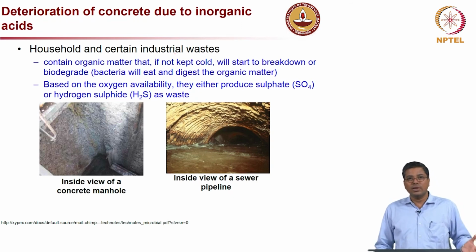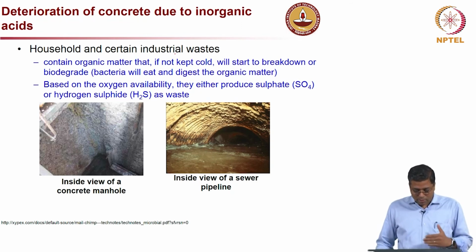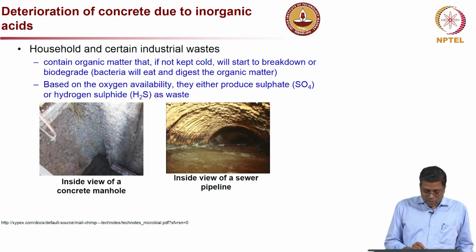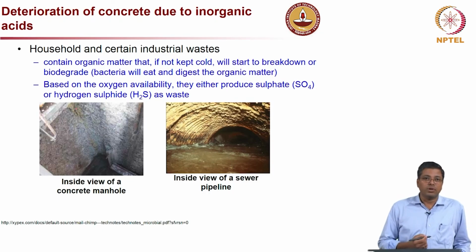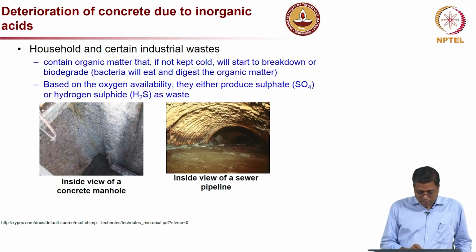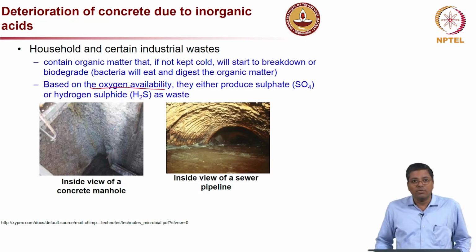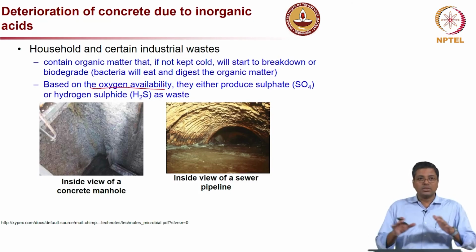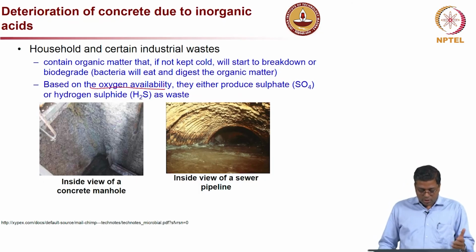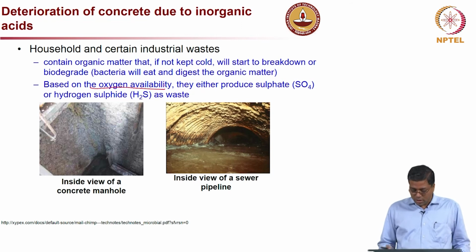Bacteria will eat and digest the organic matter, and their excreta might be acidic in nature. Then you also have formation of sulfuric acid and hydrogen sulfide, depending mainly on the amount of oxygen available. So, it depends whether it is a closed system or an open system, and depending on that, the amount or the type of H2S also matters.